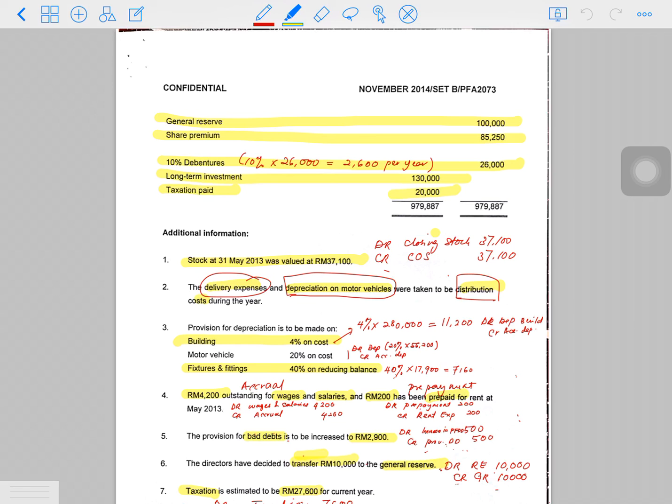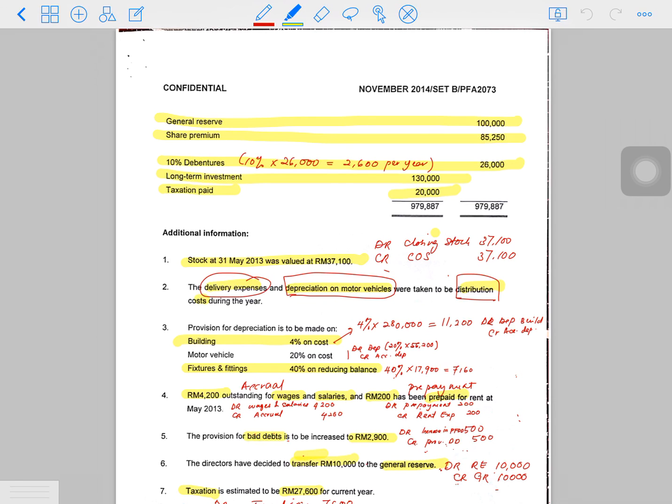So once you have done all those, then you can fill in your working and also your statement of financial position, statement of comprehensive income, and so on. So you can calculate now the amount for each individual category of expenses.